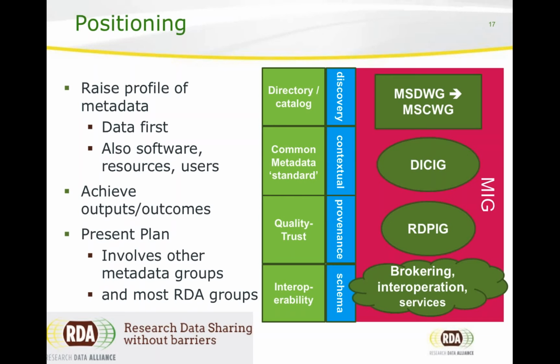Data in Context is an interest group, and then there's the Research Data Provenance Interest Group, because there's a great deal of overlap with that group, and we work with them. We also work with the brokering interest groups and some of the other interoperability services groups.